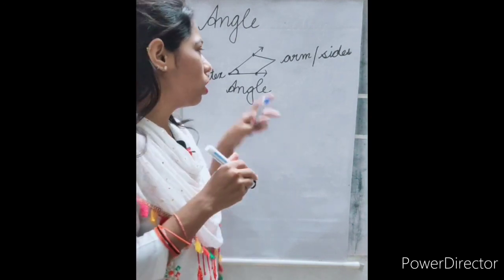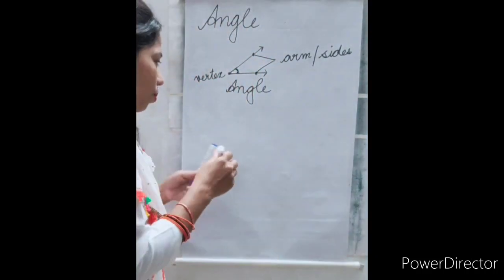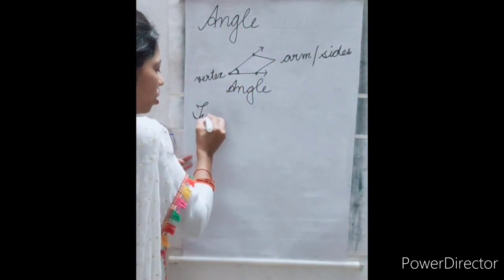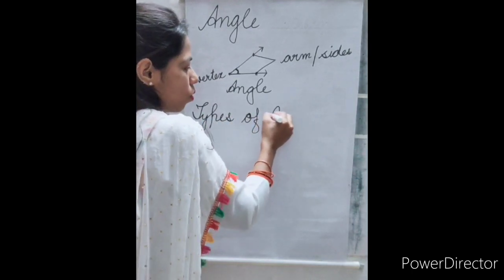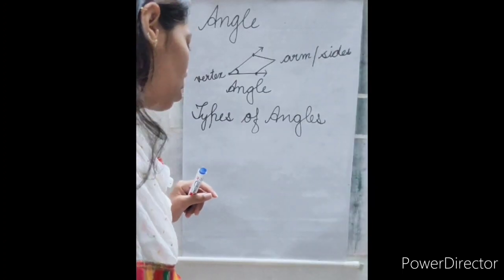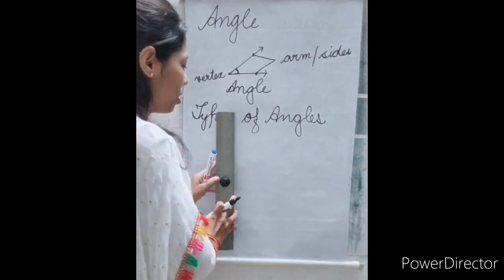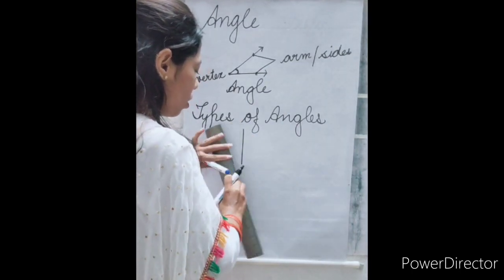So that was about angles. Now let's understand about different types of angles. First we will understand about the right angle, because after understanding the right angle we will study other types of angles.